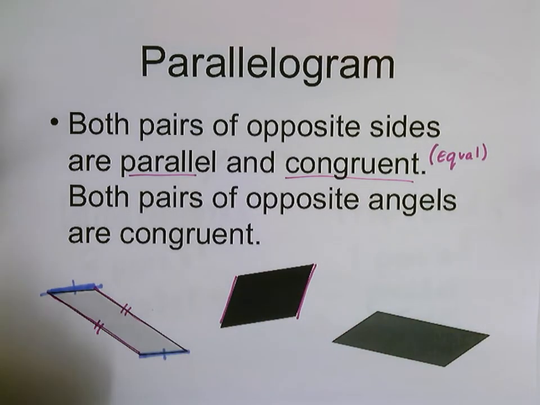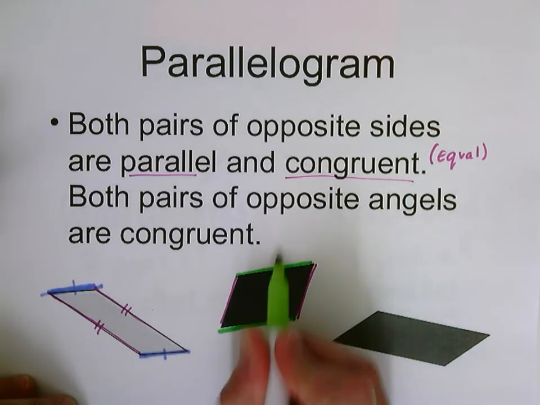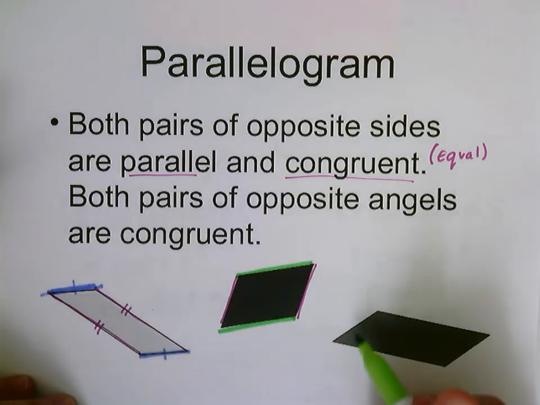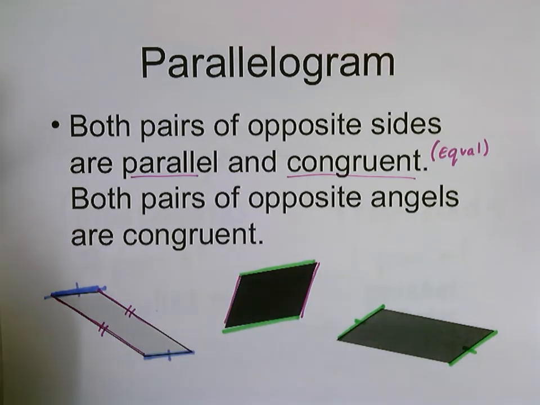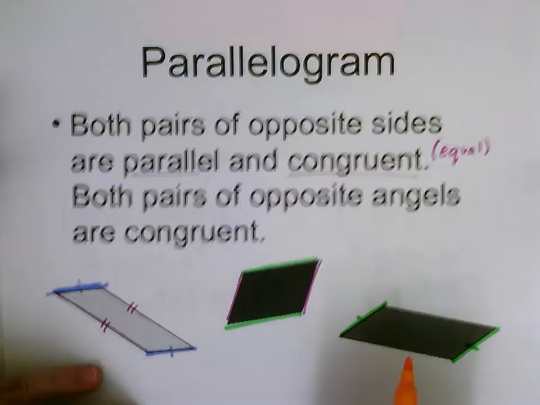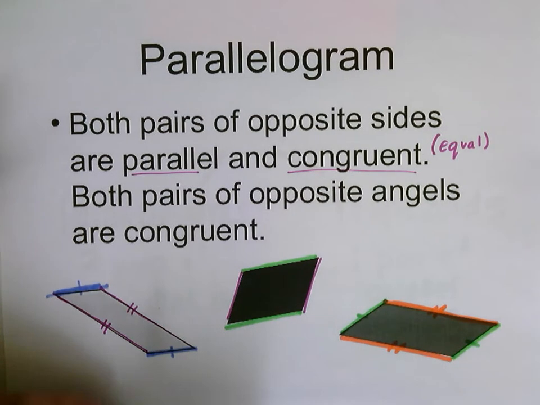And across from each other, I have this side is parallel to this side and they are the same length. Same as this parallelogram. This side and this side are running parallel to each other and they're the same length. And this side and this side are parallel to each other and they are the same length as each other across.